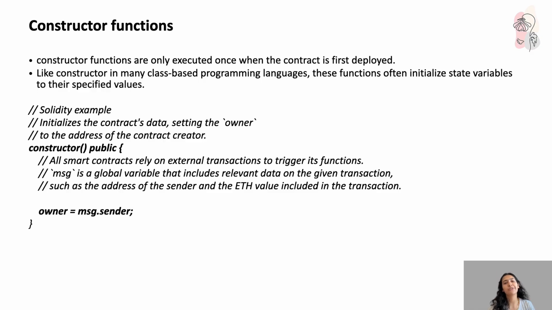There's not a lot of difference, but just for your understanding. Owner is set to msg.sender. So msg.sender, anybody who is initializing the contract, their value is set into owner.